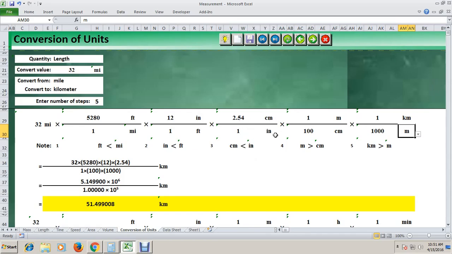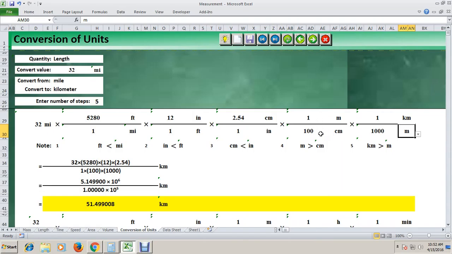Between centimeters and inches, of course, centimeters is the lesser measure as compared to inches. So we expect there are more centimeters in 1 inch than there are inches in 1 centimeter. Between meters and centimeters, meters is the greater measure as compared to centimeters, so we expect there are more centimeters in a meter.